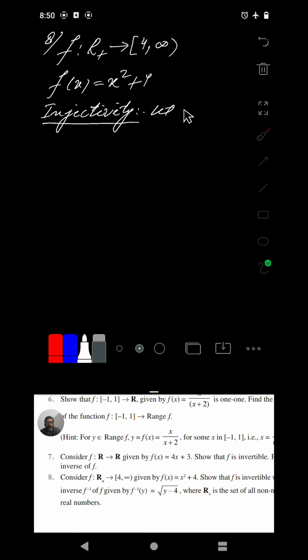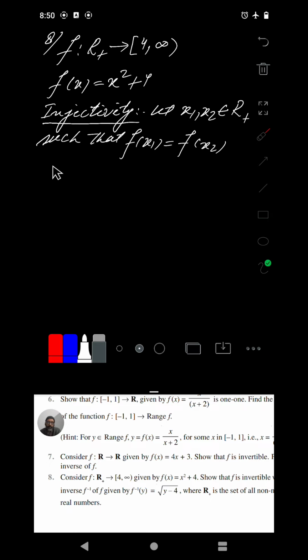Let x1 and x2 be two arbitrary elements from the domain R positive, such that f(x1) is equal to f(x2). It implies that x1 square plus 4 is equal to x2 square plus 4. So 4 is cancelled from both sides.